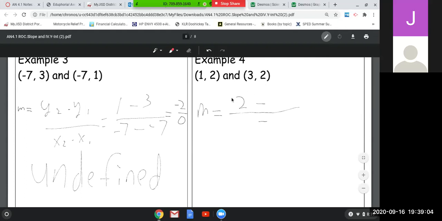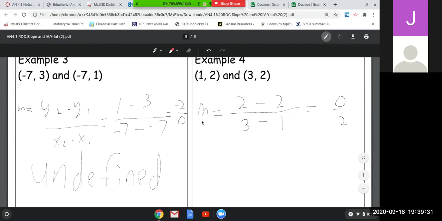And I subtract y1, which that's also a 2. I'm already starting to see something that's going to happen over here. On the bottom, I start with x2, which is a 3. And then I subtract x1, which is a 1. Now, when I do this final arithmetic, 2 minus 2 is 0. 3 minus 1 is 2.